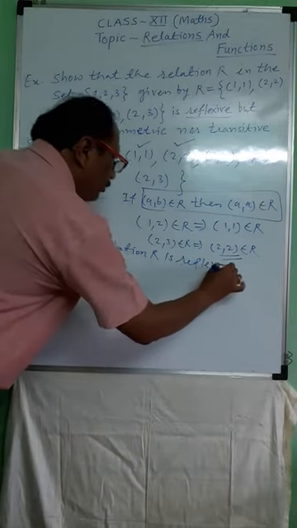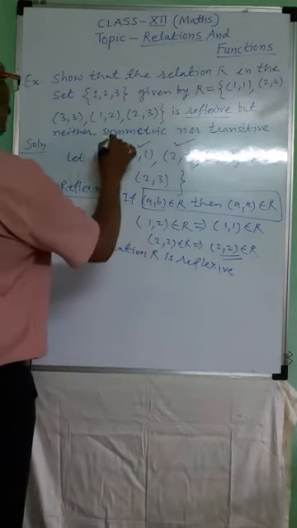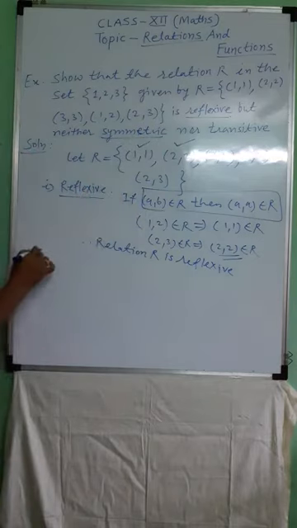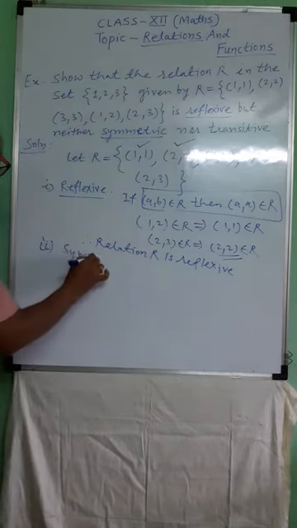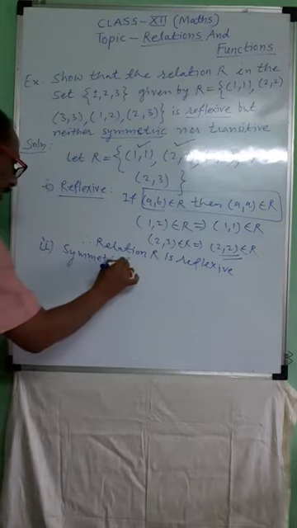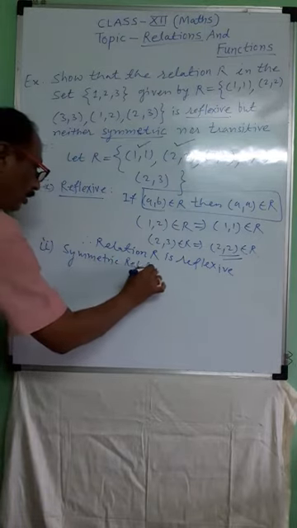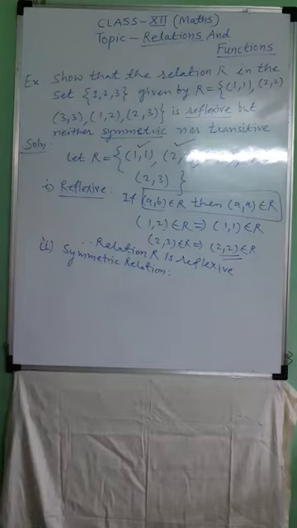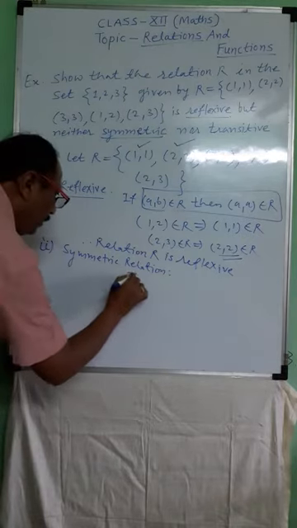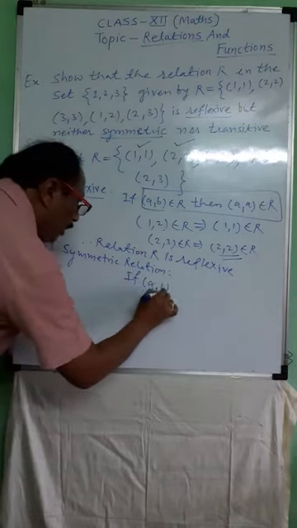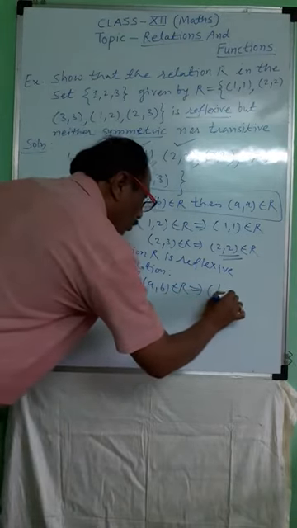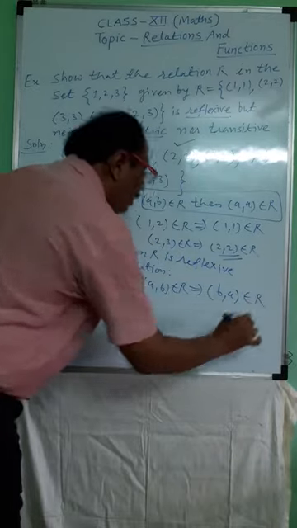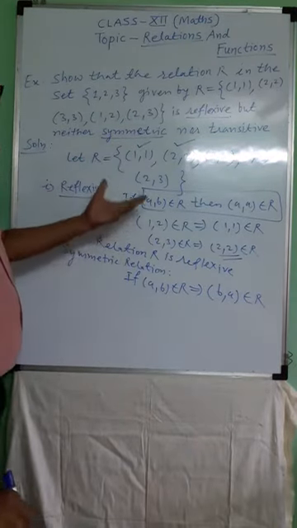Then next, it has asked about symmetric relation. Number 2, symmetric relation. For symmetric relation, we know the condition: if ordered pair (a,b) belongs to R, then (b,a) should belong to R. Here we take any ordered pair.